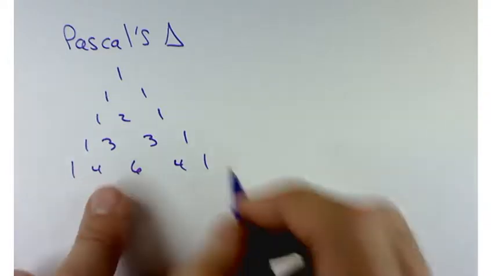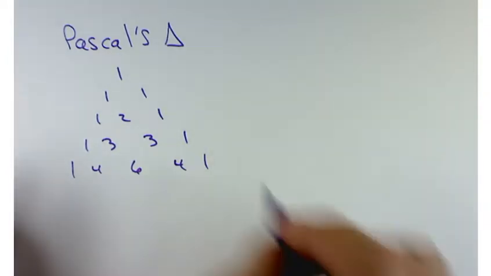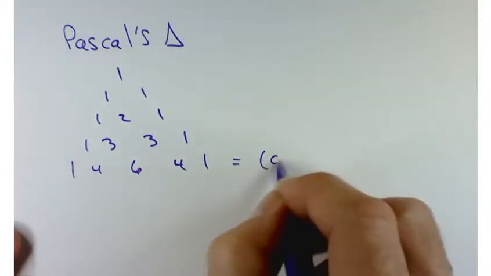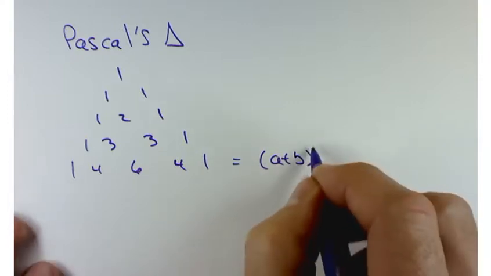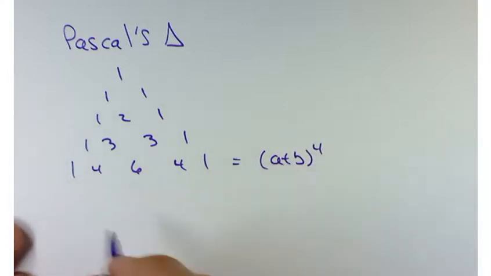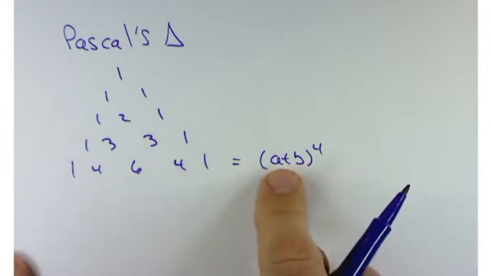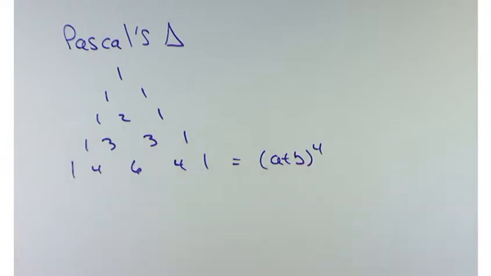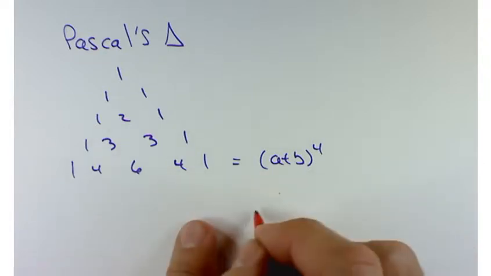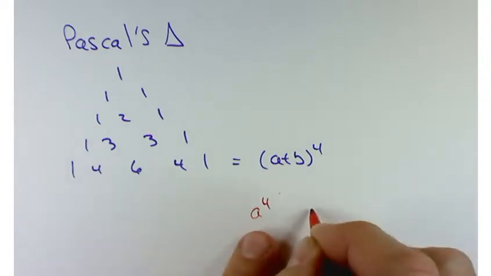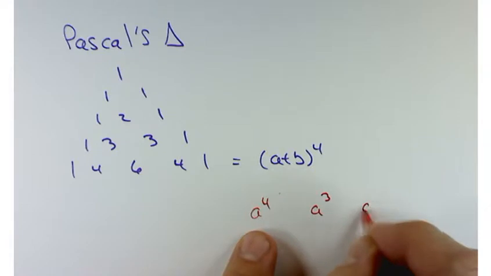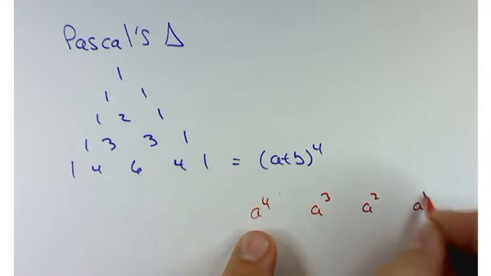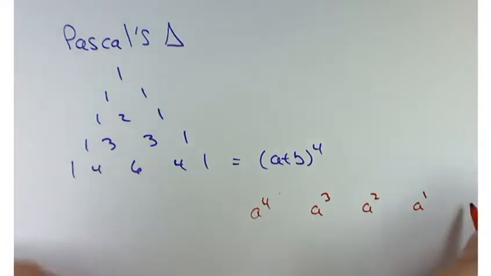And of course, these are going to be the coefficients for various things like (a + b) to the 4th power. So the way that works, if I were to expand this, I'll have a to the 4th, a to the 3rd, a to the 2nd, a to the 1st, and then a to the 0.